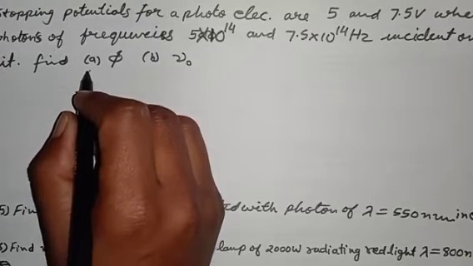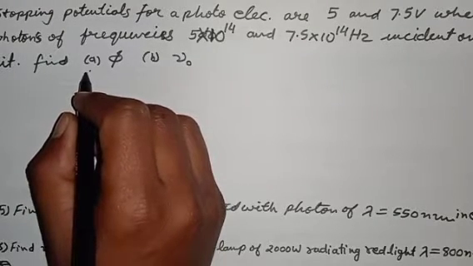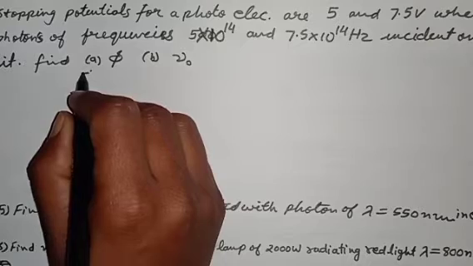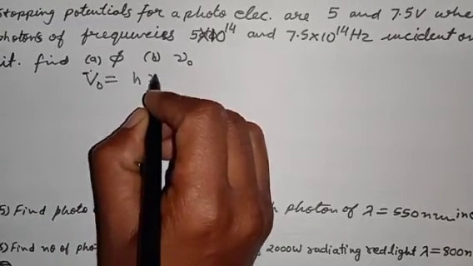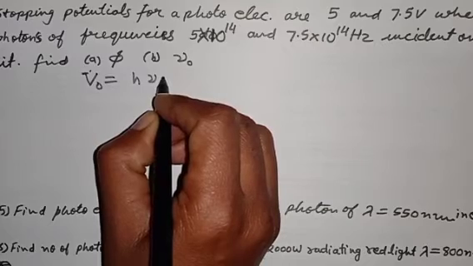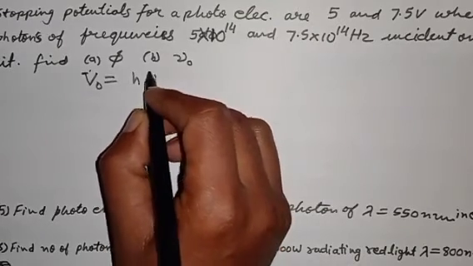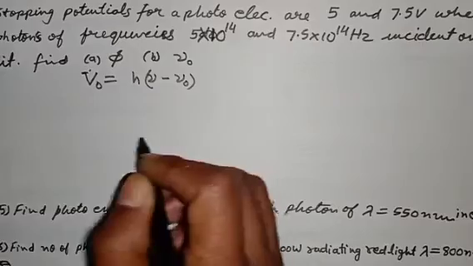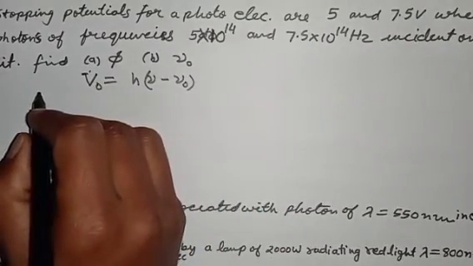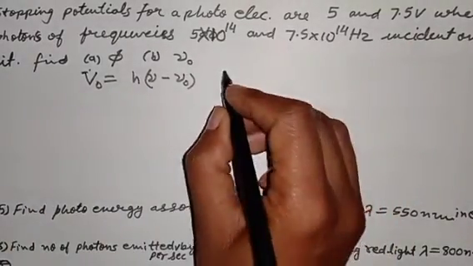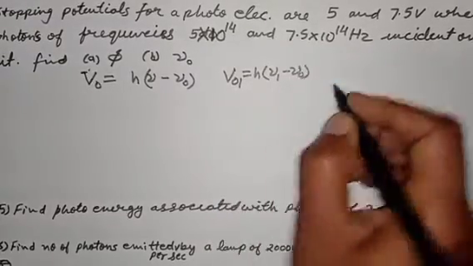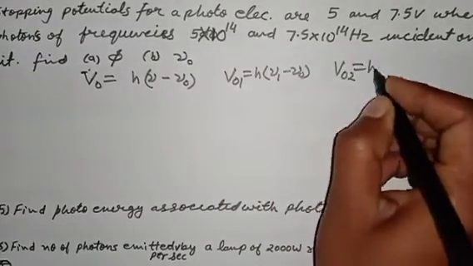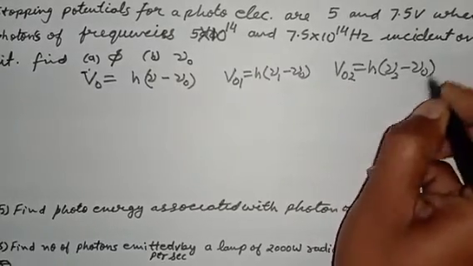Einstein equation. So here we know that V naught equals h into nu minus nu naught. So case 1, we will have V naught 1 is equal to h into nu 1 minus nu naught, and V naught 2 is equal to h into nu 2 minus nu naught.